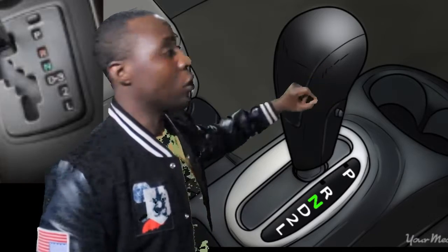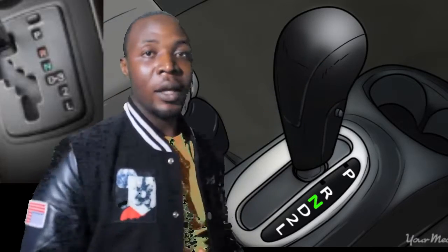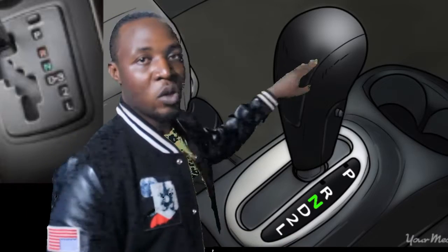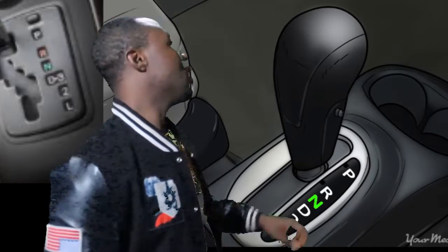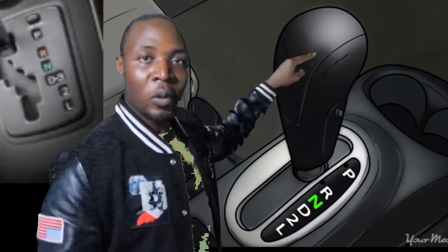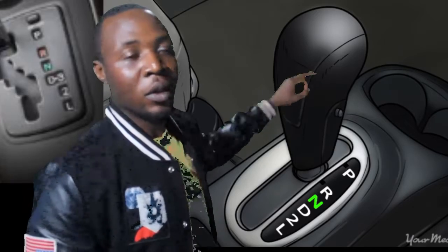If you put the gear selector at letter P, P stands for park. When you are parking your car, you make sure you put it at P. When you want to start the car back, the selector should be at P, because if the selector is not at P, the car will not start.